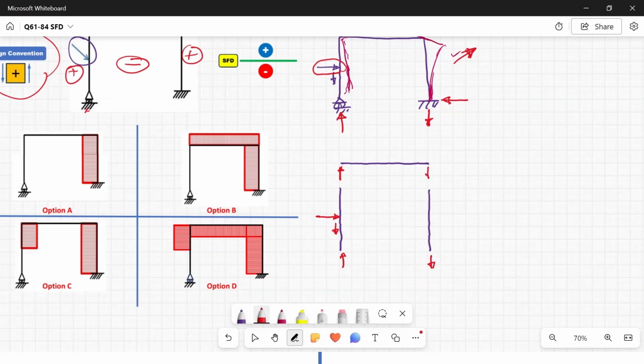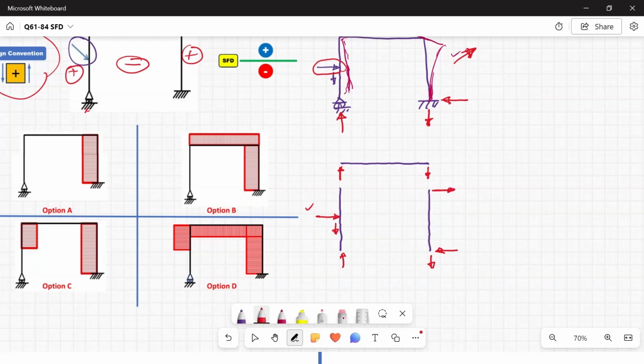It means we have a downward force over here on the beam side, and we have a horizontal leftwards reaction here. This force that you see on the left side will create a force on the other column as well.